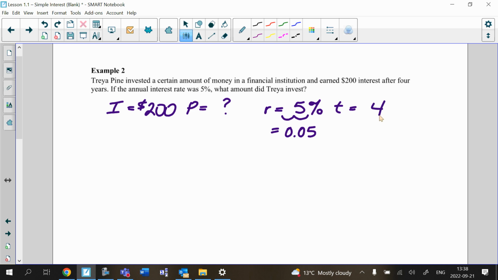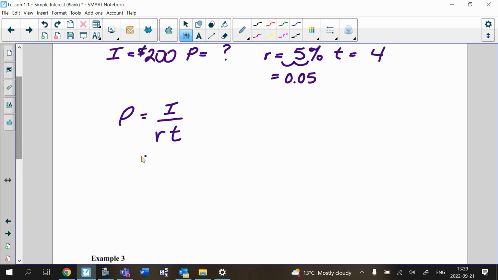So to find our answer here, it's going to be $200 divided by 0.05 times 4. Now remember, you've got to do this first and then divide by 200 after. Whenever you've got a division bar, you got to do everything up top first, everything on the bottom, and then divide at the end.